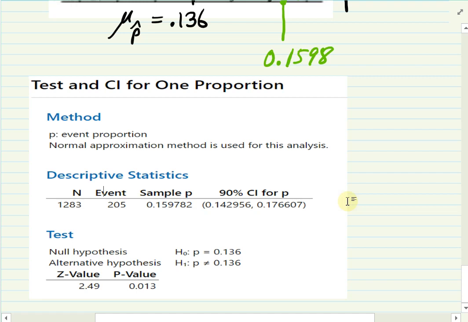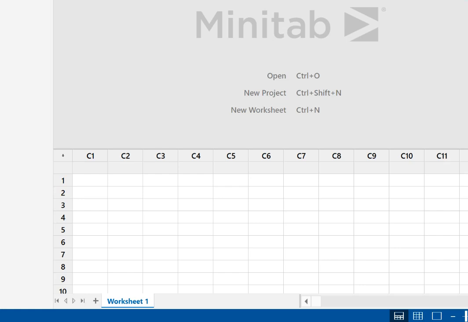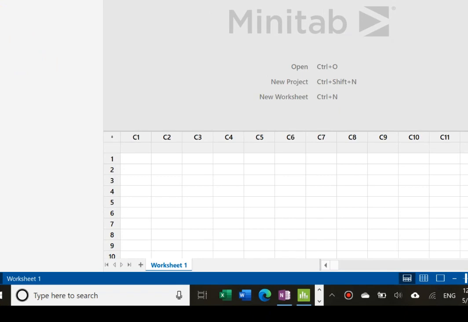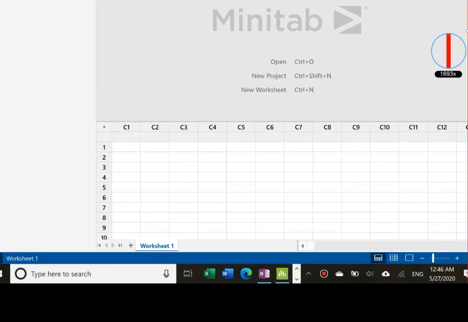Okay, so let's go to Minitab and see how this is going to work. So here I have Minitab open. Okay, and let me see if I can maybe enlarge this to where you can see a bigger portion of the recording area. There you go.